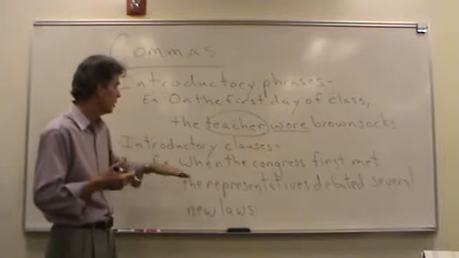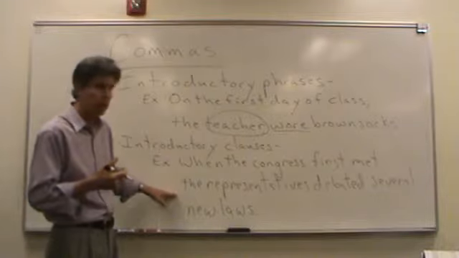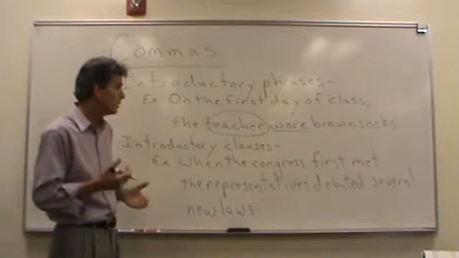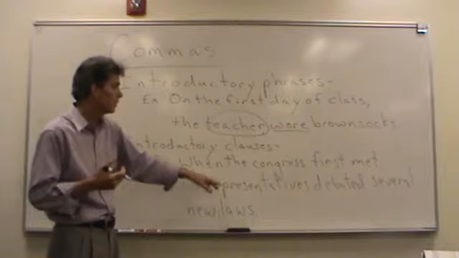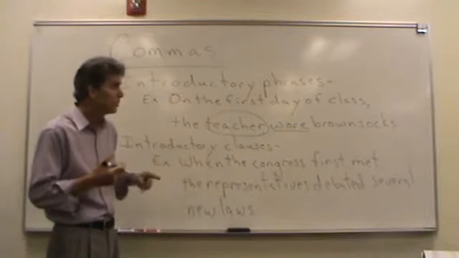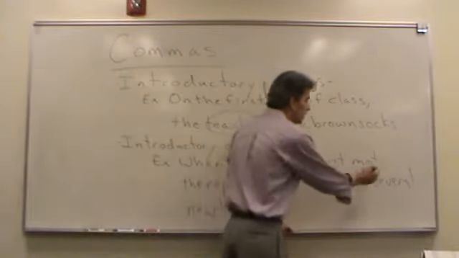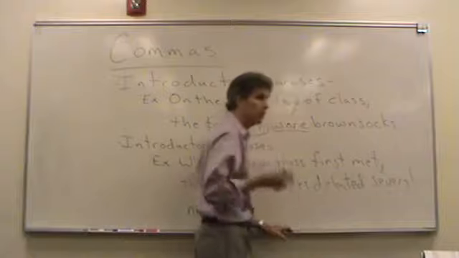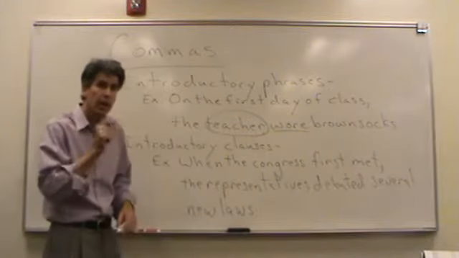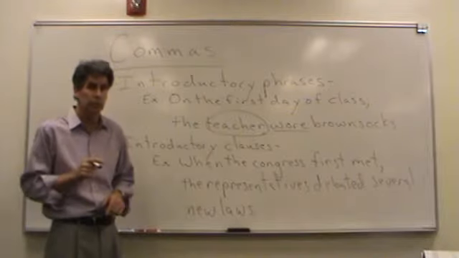So in this one: when the Congress first met, the representatives debated several laws. Well, the main subject and verb are the representatives debated. That's right here. This would get somewhat confusing if there weren't a comma after met. This comma right here is a flag to say, hey, right around the corner is that subject and verb of the independent clause that you're looking for.